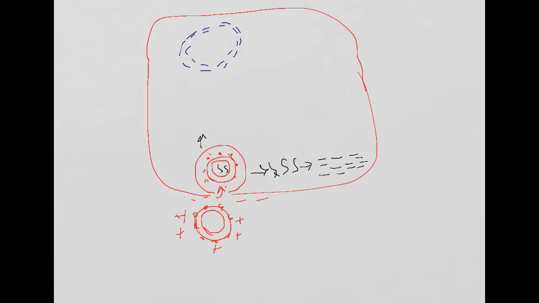Or it might be transported. Okay, suppose this is the structure. So transported. During transportation, it might get degraded by lysosome. If a lysosome comes on the way, it might degrade the lipoplexes.